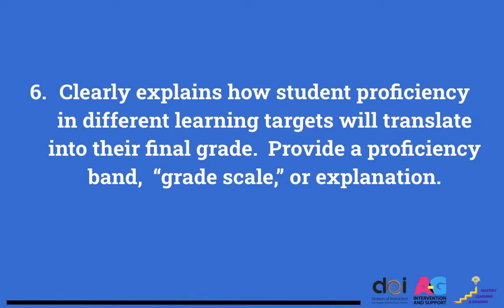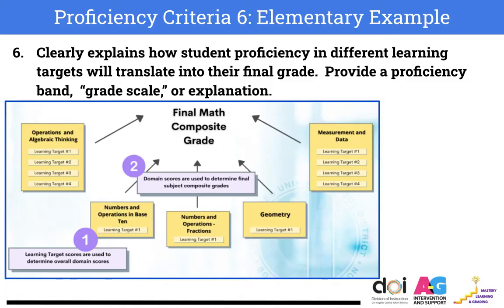Clearly explains how student proficiency in different learning targets will translate into their final grade. Here is a visual where a teacher is communicating how learning targets are going to feed into that final math composite grade.